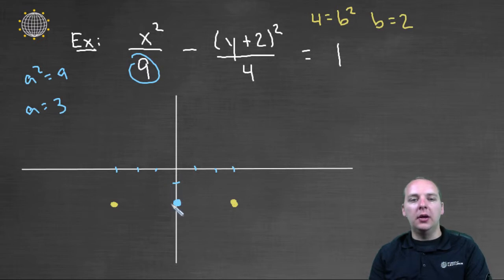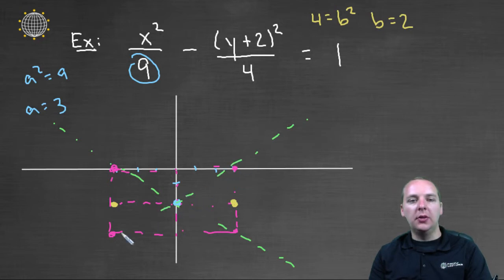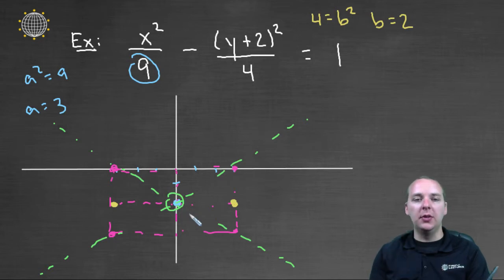So you'll go right 3 units, left 3 units, up 2 units, and down 2 units, and we can naturally make a rectangle out of that shape. Then we connect the opposite corners of this box. One asymptote goes through two corners, and another asymptote goes through the other two corners, and both should go through the center at the middle of the box.